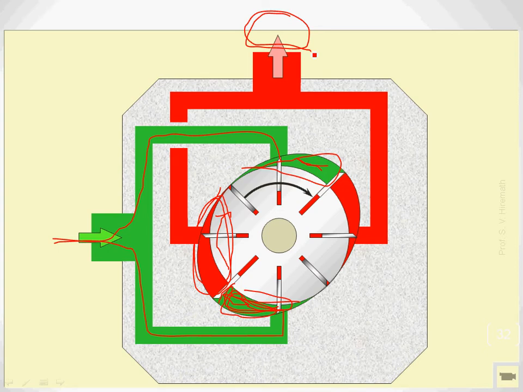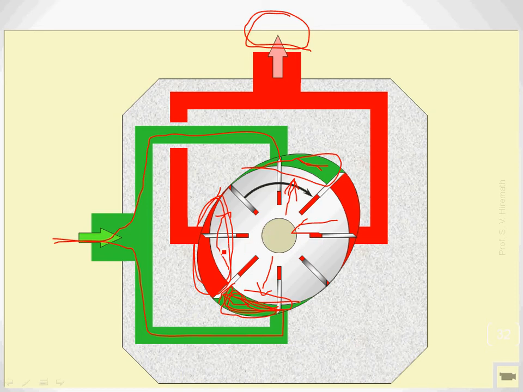Why are we calling it a balanced vane pump? Because whatever pull force is acting in this direction, a pull force of the same magnitude will be there in the opposite direction. So this force will be cancelled by that force, and the positive force will be there in this manner.